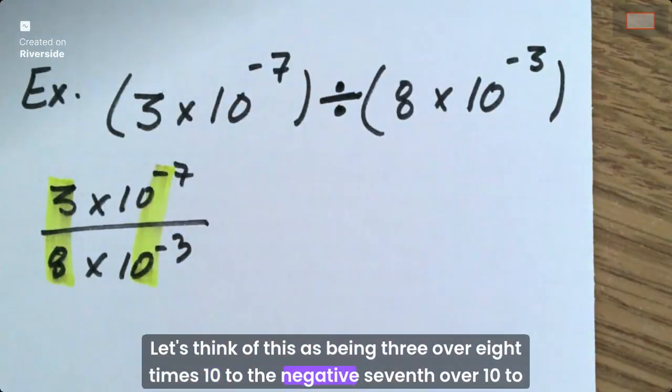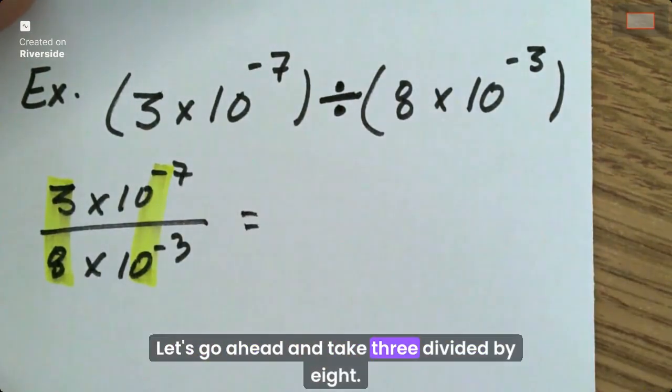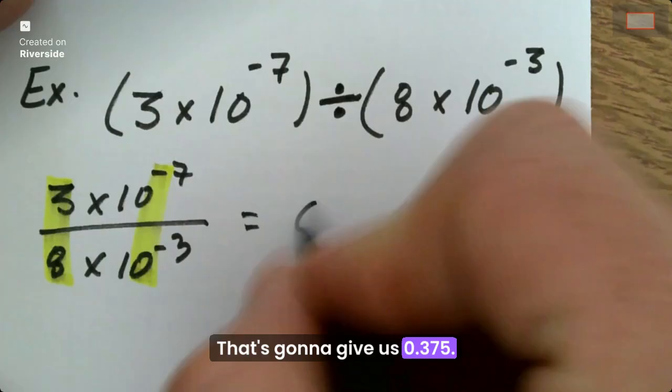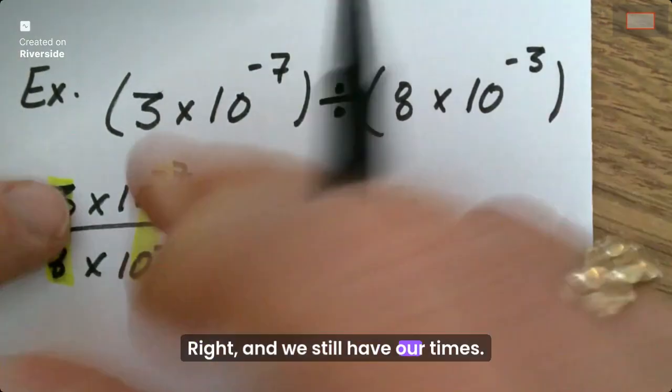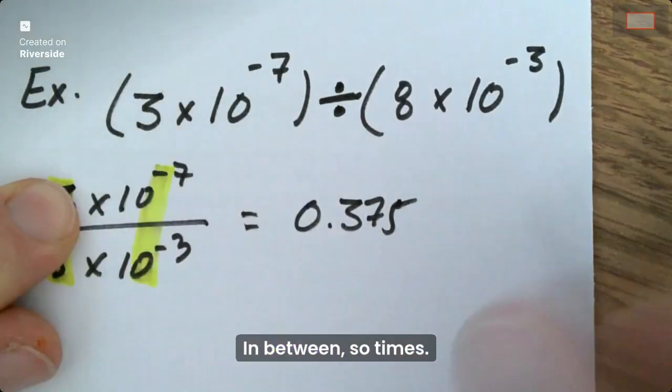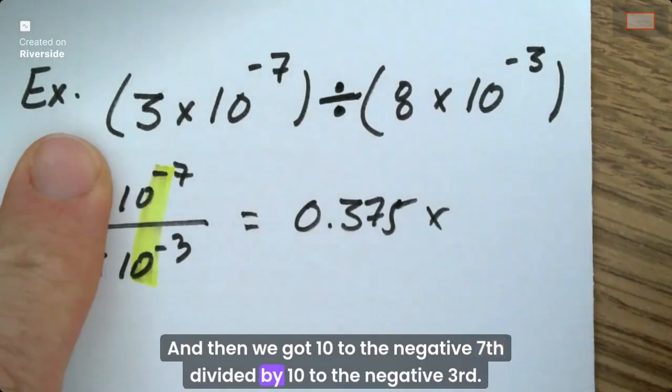Let's think of this as being 3 over 8 times 10 to the negative 7th over 10 to the negative 3rd. Let's work this out a piece at a time. Let's take 3 divided by 8. That's going to give us 0.375, and we still have our times in between, and then we got 10 to the negative 7th divided by 10 to the negative 3rd.